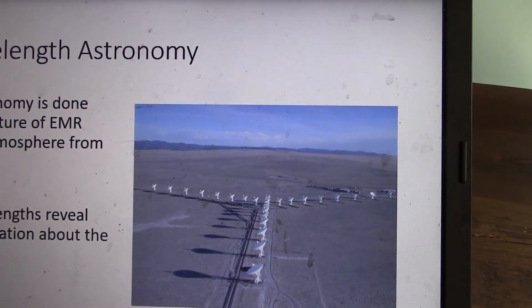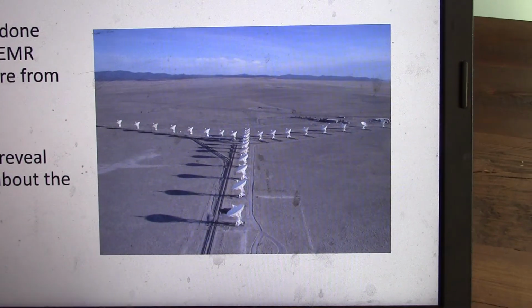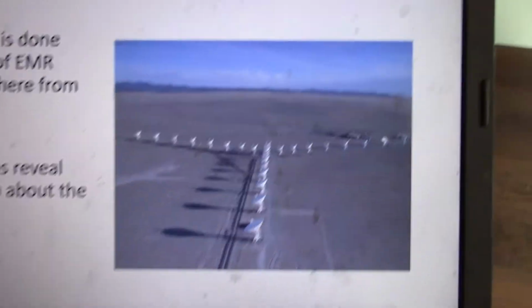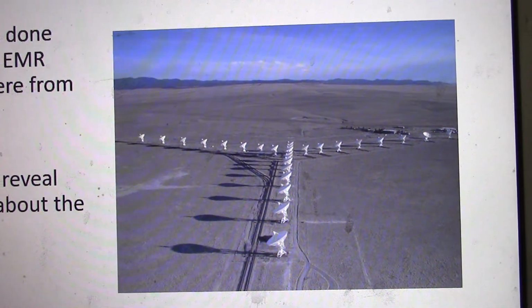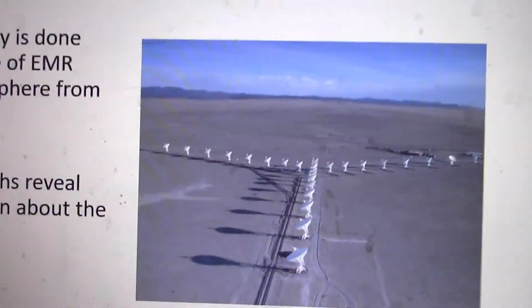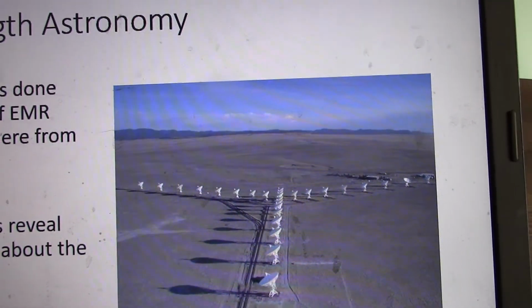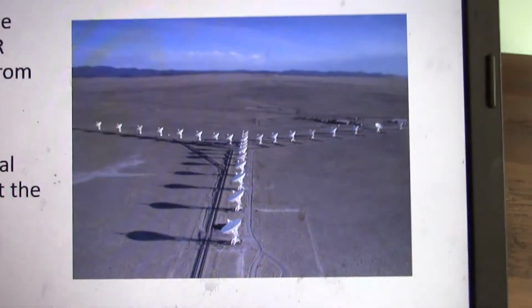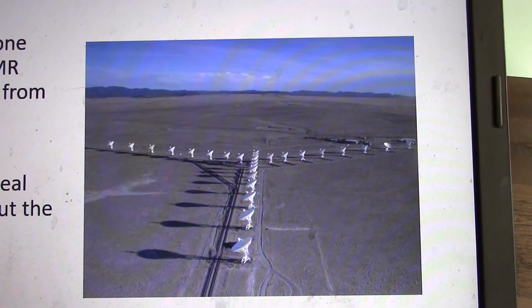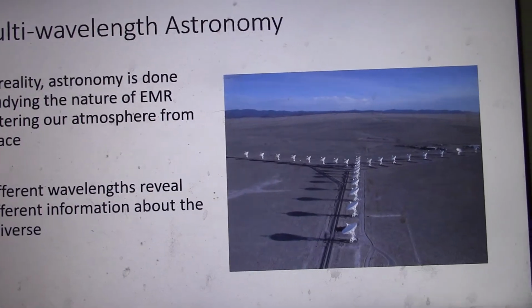So when we're studying really, really deep space, we're generally studying radio waves and microwaves, and so we need really, really large arrays to be able to collect that. Radio waves have been very instrumental in us understanding things like the origin of the universe, cosmic expansion, and such things. So we need different arrays to be able to study different wavelengths.